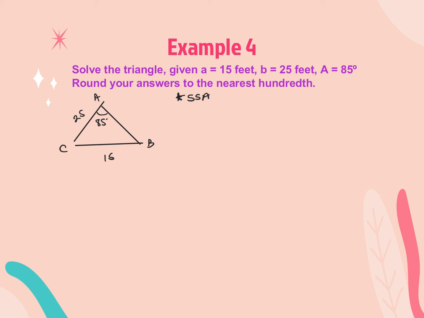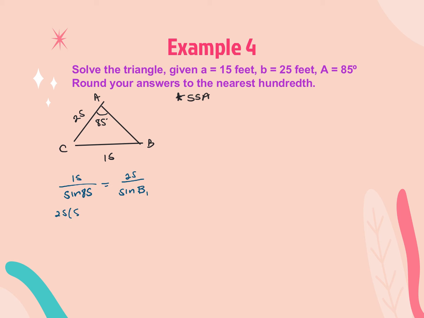So keep in mind that I have to know that that's side angle because it's the angle that's not included that was given to me. So which one is my completed ratio? A, so I'm going to do 15 over the sine of 85 equals the only one that I can solve, B, which is 25 over the sine, and we're going to call it B1 to remind ourselves to go back and look for B2.